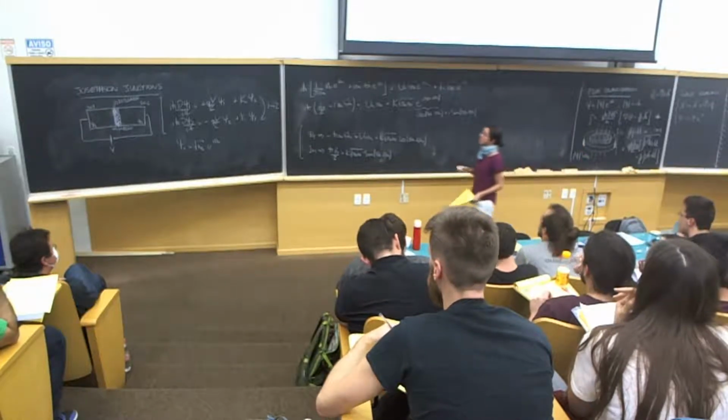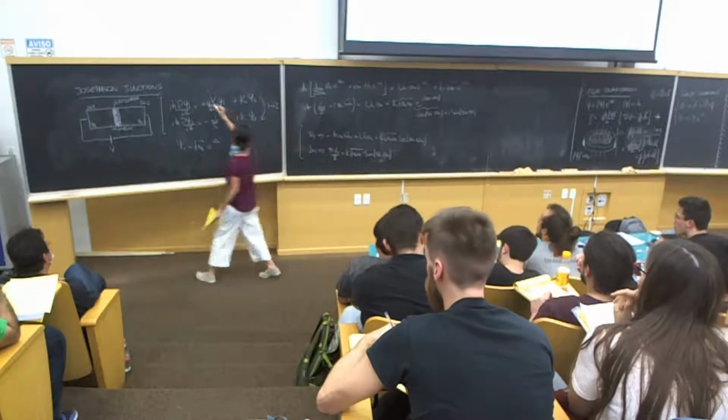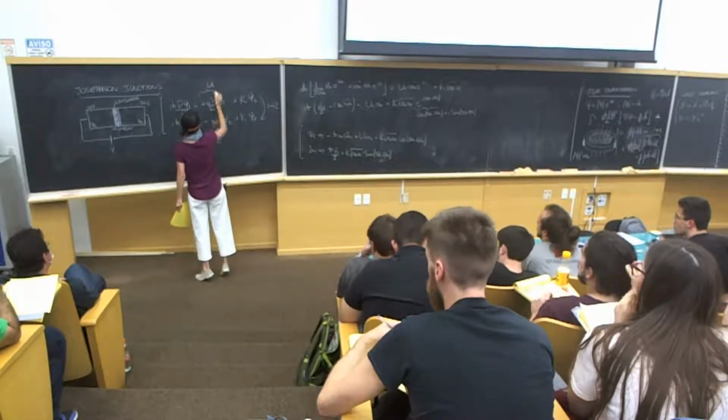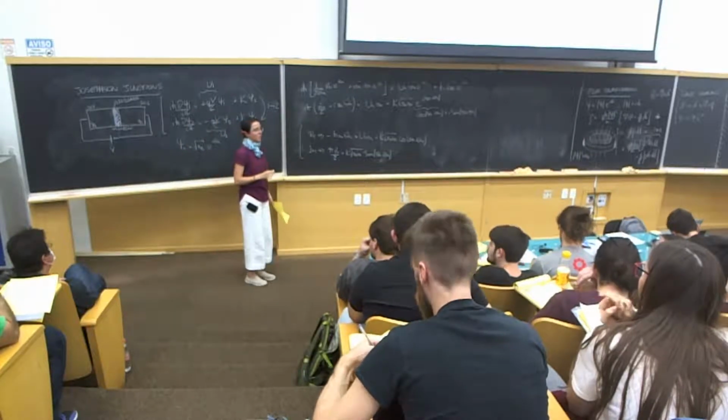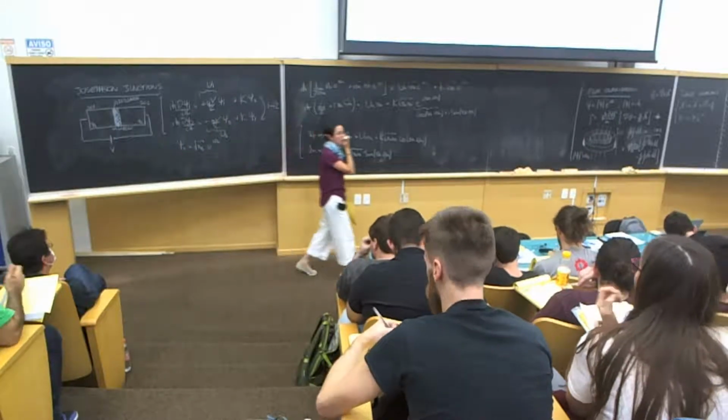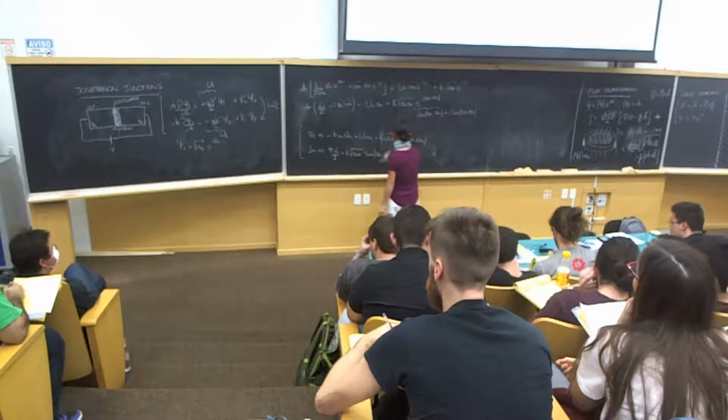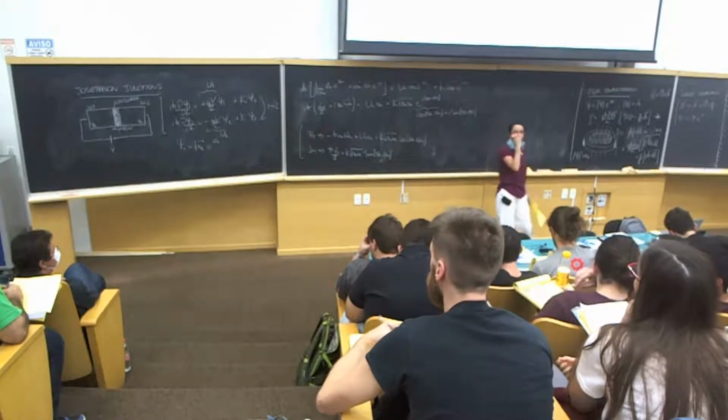Oh, sorry, maybe I was not clear. So this is essentially U1 and this is U2. Just to write the equations, not to write everything twice.